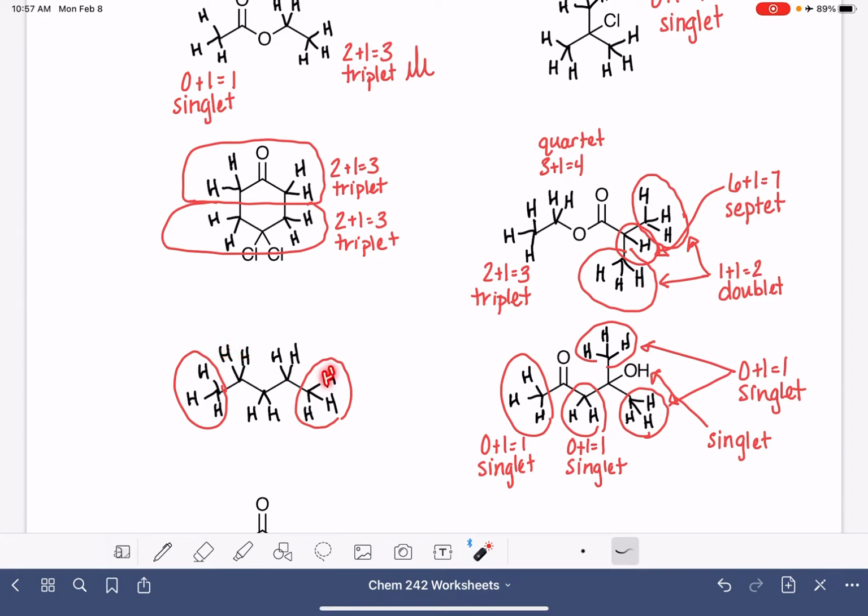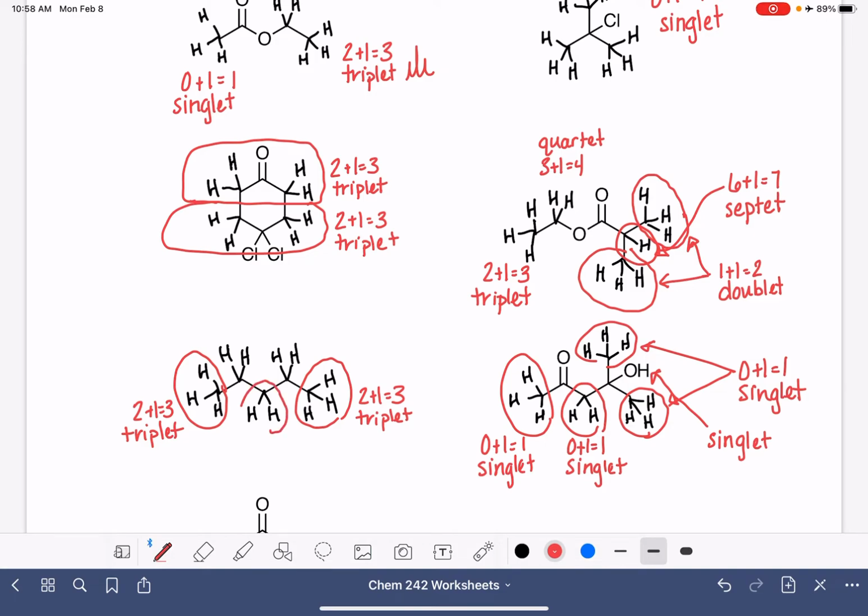And these hydrogens also are 1, 2, 3 bonds away from 2. So for all of these hydrogens, they are 3 bonds away from 2. 2 plus 1 is 3. These are going to be a triplet. Same over here. 2 plus 1 is 3. These will be a triplet.